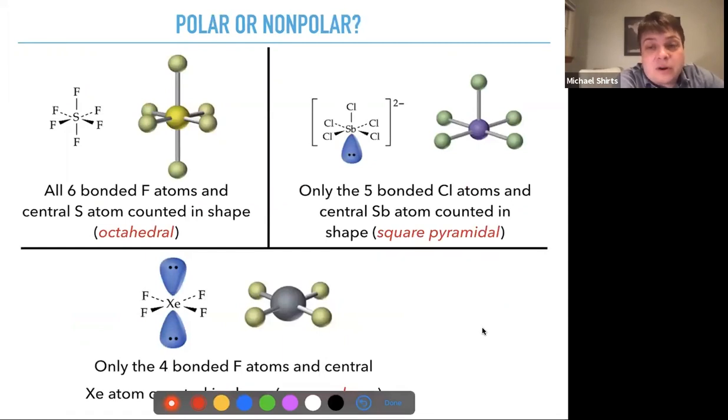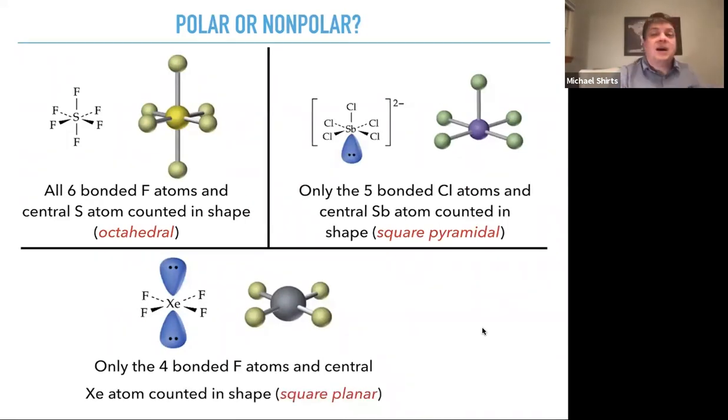Square pyramidal will be polar, and the dipole will be oriented in the same direction as its axis, because in the square plane, there's no dipole. Everything exactly cancels each other out. And then square planar: there's nothing in the z direction, and in the x and y direction, everything cancels each other out. So it'll be nonpolar here as well.